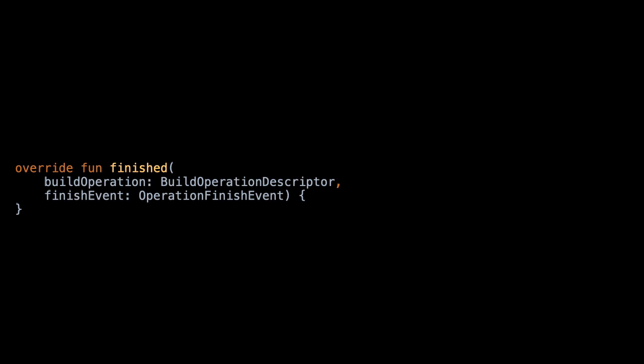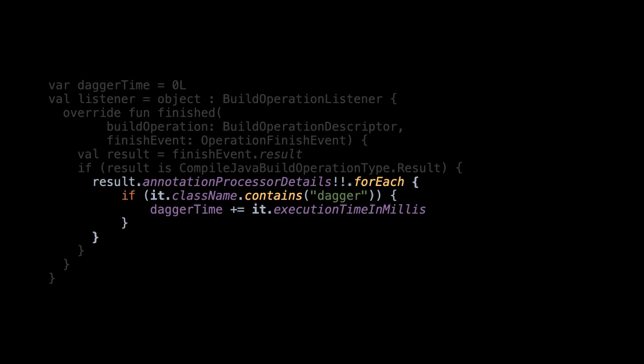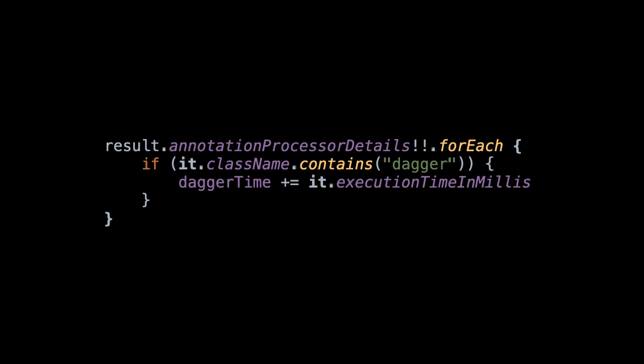Okay, so in the callback, we have our build finished callback. We take a look at the result. If the result object is a compile Java build operation type.result, then we grab the annotation processor details. If it contains the word Dagger, that means that either it's the Dagger annotation processor or the Dagger Android annotation processor.